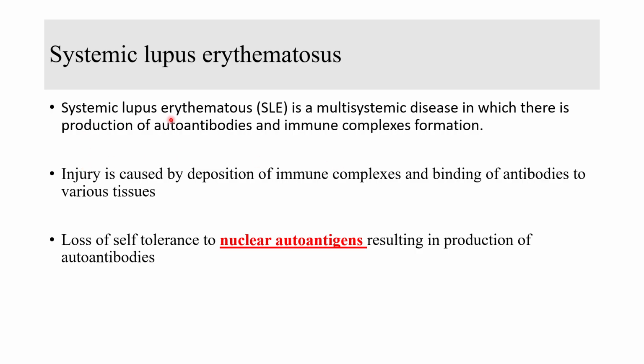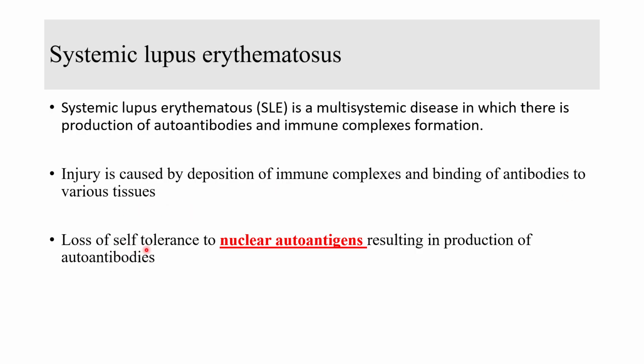So systemic lupus erythematosus is a multi-systemic disease in which there is production of autoantibodies and immune complex formation. The injury in the cell is caused by the deposition of the immune complex and the binding of antibodies to the various tissues.